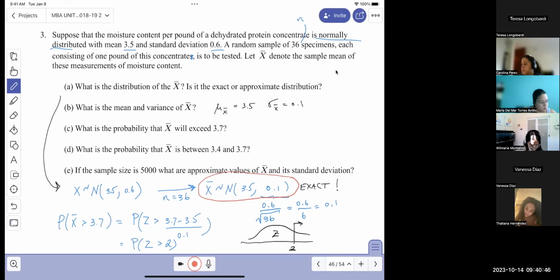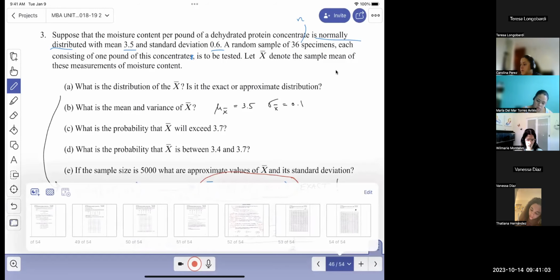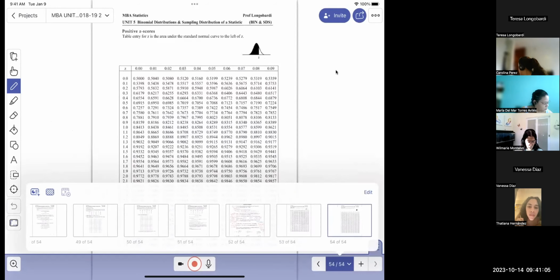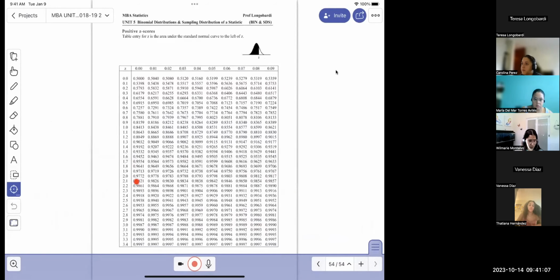There are 2 ways I can do this. I can look up 2, which will give me the left side, but I want the right side. If I look up 2, I get this number here, 0.9772.